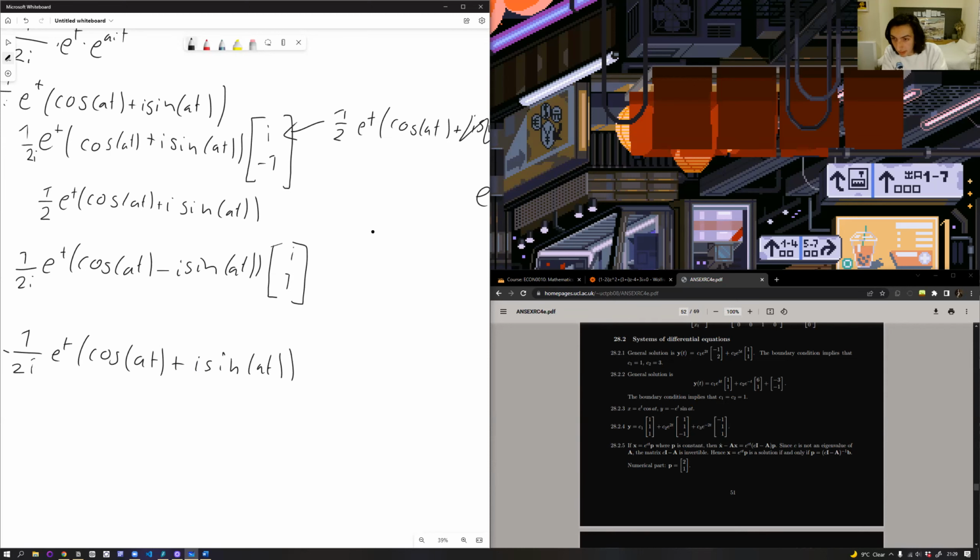So negative that version, and then adding that version again, but with the sign. So e to the t, then cos at, then minus i sine at.